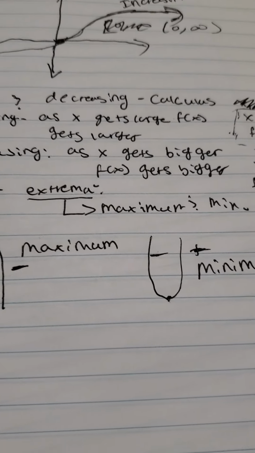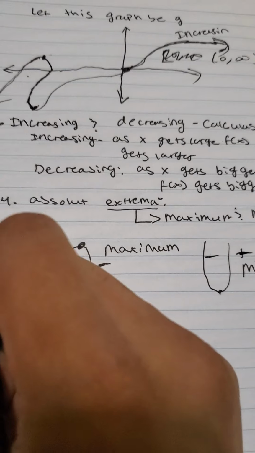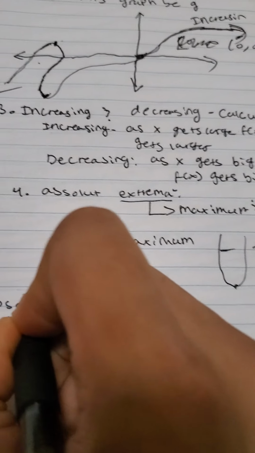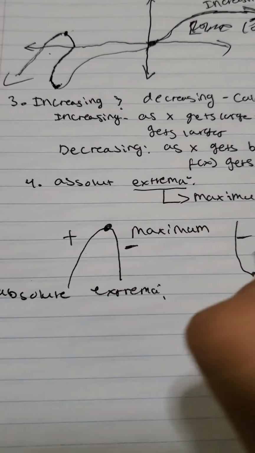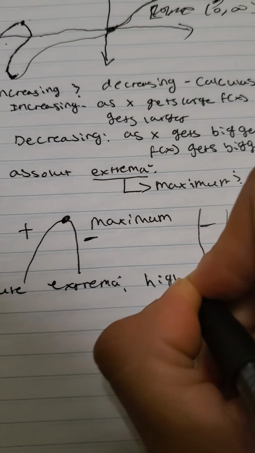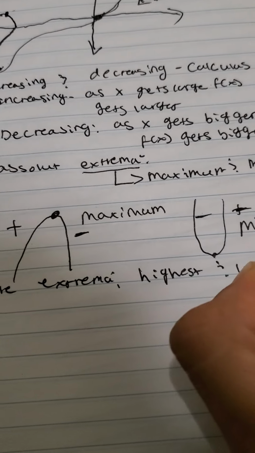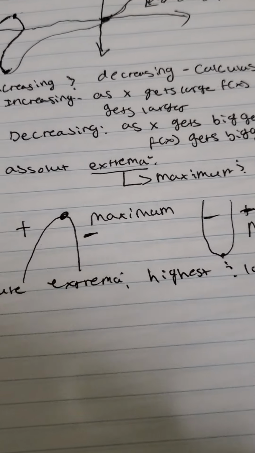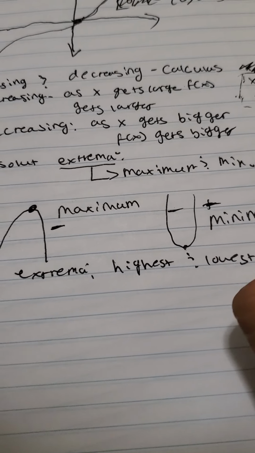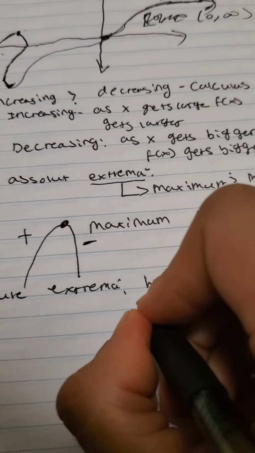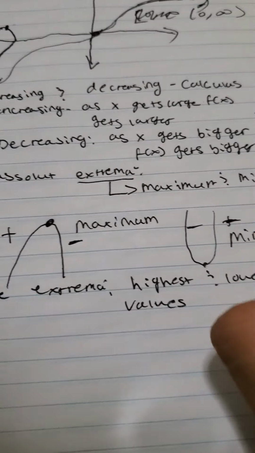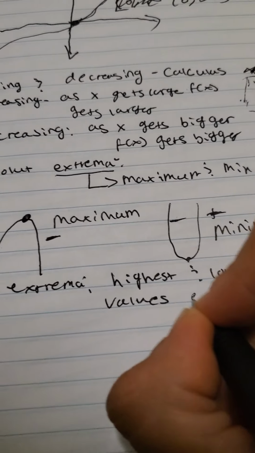But absolute extrema means the highest and lowest max or min, the highest values of the function.